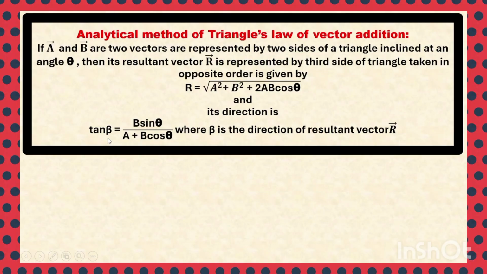And the direction of the resultant vector is tan beta equal to B sin theta divided by A plus B cos theta.